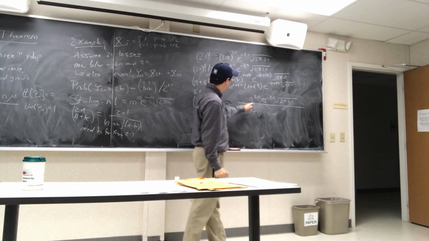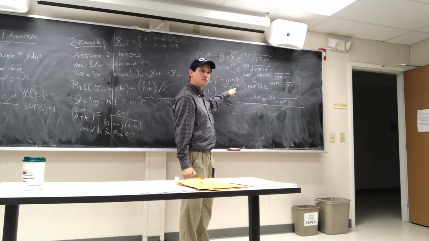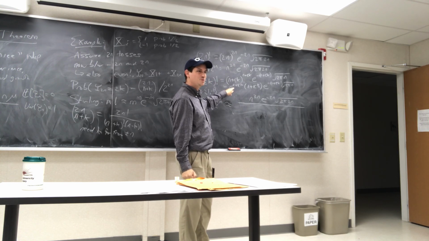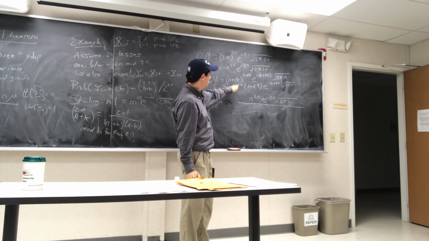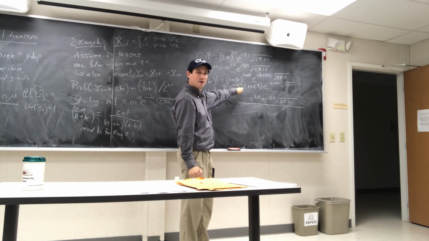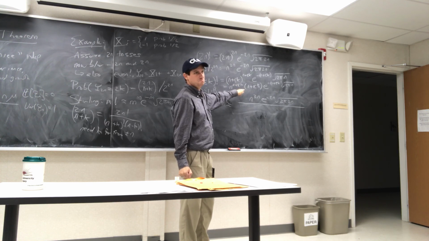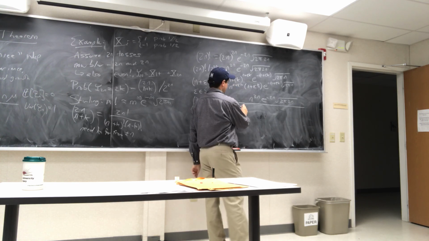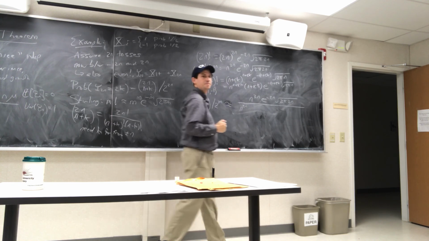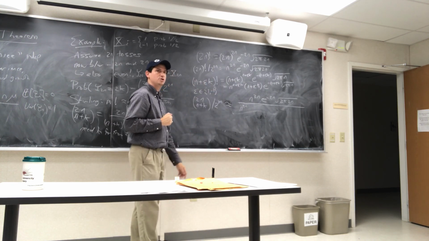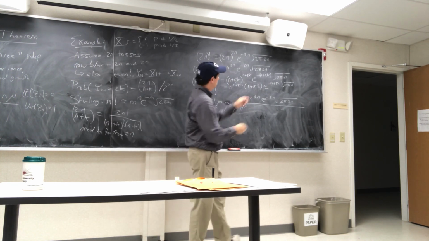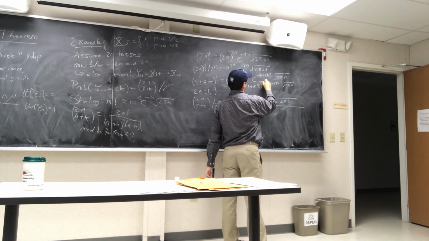And the reason is, when I do this now, I do this once with epsilon equals 1, and once with epsilon equals minus 1. So I have n to the n plus k, n to the n minus k. The plus and minus k cancel, and I get an n to the 2n. So I'm going to just try to do the algebra a little bit fast. Then I get, this has an n plus epsilon k up here.